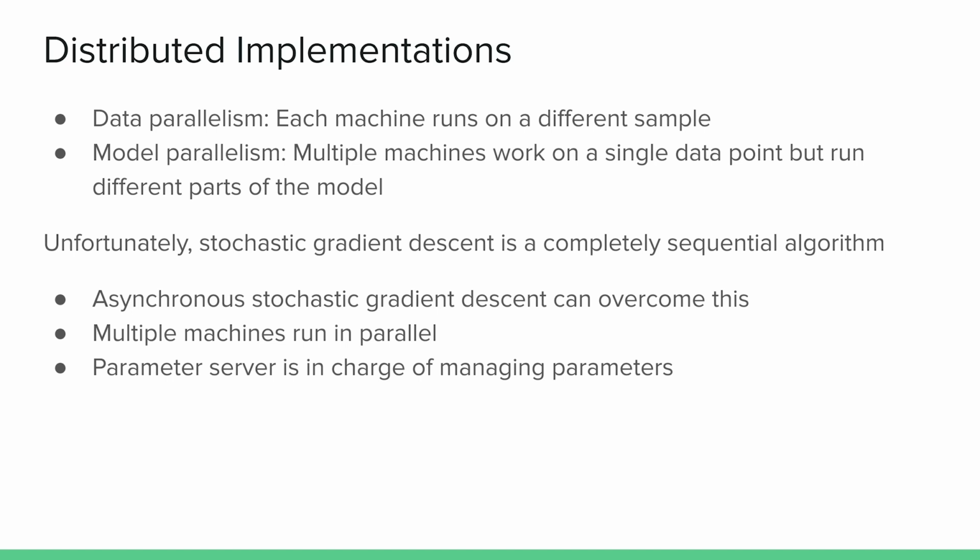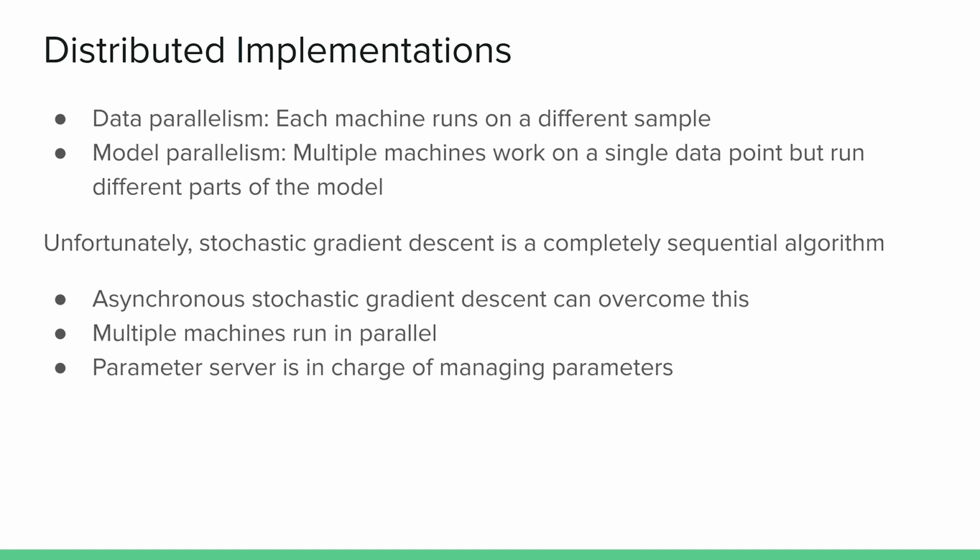Or you can do model parallelism, by having multiple machines work on a single data point but run different parts of the model. So you kind of cut the model in the middle. One part trains the first few layers and the rest trains a different part of your model. Unfortunately, stochastic gradient descent is a completely sequential algorithm. So all of these algorithms for distributed implementations need some way to overcome this limitation.